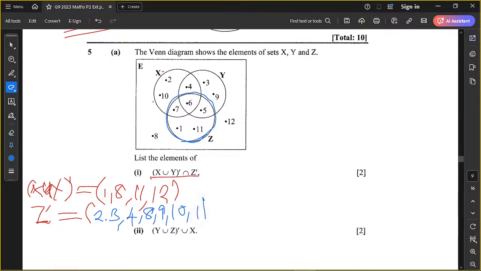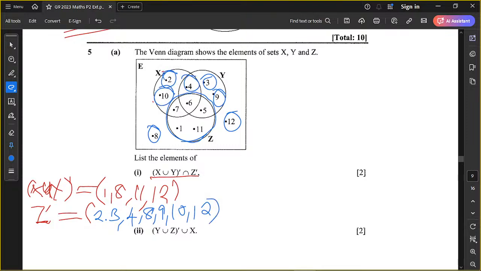Oh sorry, not 11, 12. So how many members do we have? 1, 2, 3, 4, 5, 6, 7. So set Z complement has 7 elements. Let's count those: 1, 2, 3, 4, 5, 6, 7 elements. So we have copied all.